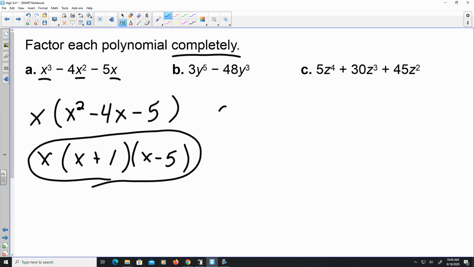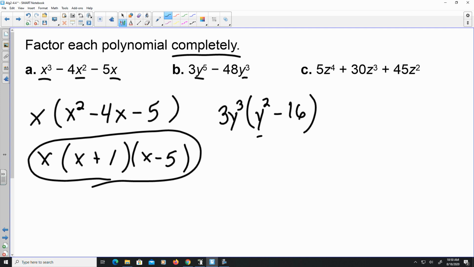So 3 can go to the outside and they both share a common variable y, and the smallest degree is y to the third. So what's left over would be y squared minus 16.